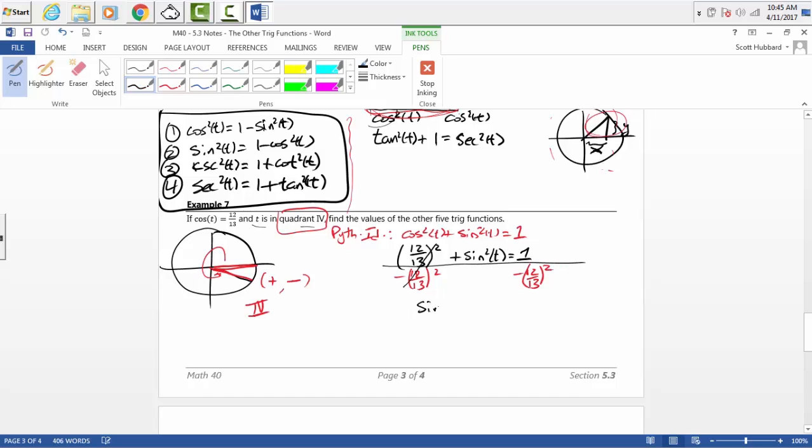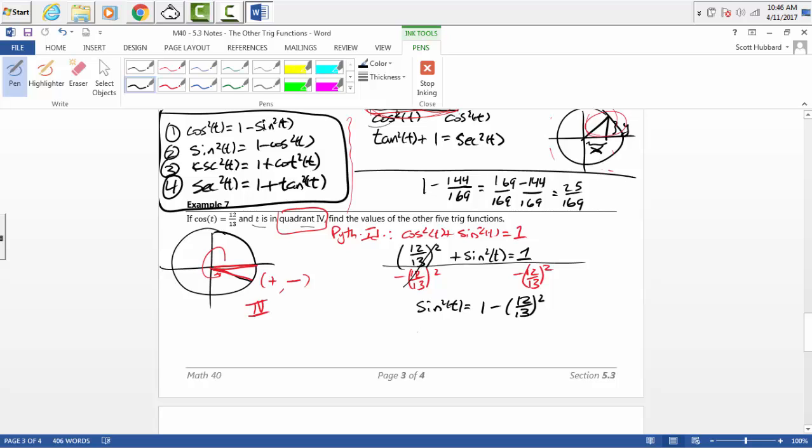So now I have sine squared of t is equal to 1 minus 12 over 13 squared. I want to get that fraction, so I'll do that over here. This is going to be 1, take away 144 over 169, which will be 169 minus 144, which is going to be 25 over 169.